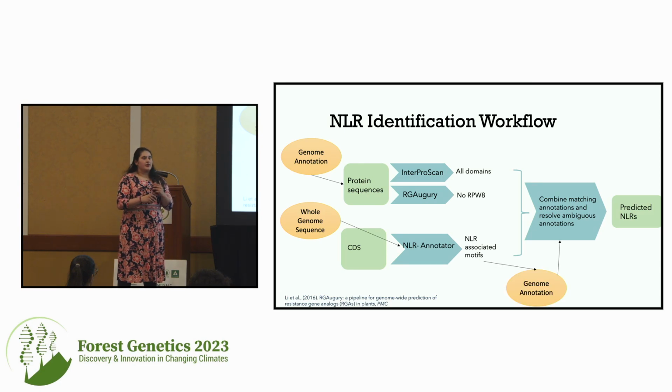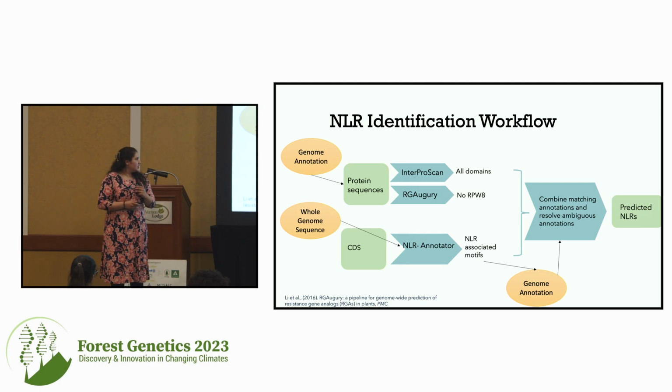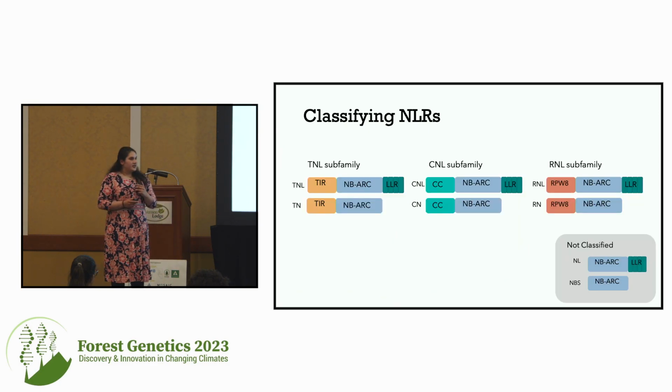That was then overlapped with the genome annotation, and results from NLR-Annotator that overlapped were considered part of the genome annotation NLRs. After identifying them, I classified them based on their N-terminal domains. They're broken up into the TNL, CNL, and RNL subfamilies, and those with all three domains were identified as complete.